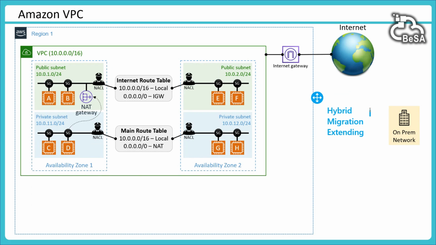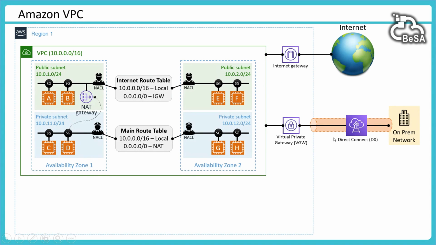Let's see how it is implemented. Whenever you want to implement hybrid connectivity, you would need a gateway. We have talked about a few gateways by now. The internet gateway allows you to connect to the internet. The NAT gateway allows you to communicate from a private network to an external network. Similarly, when I plan to talk to my on-premises network, I would need a gateway, and that gateway is called the virtual private gateway, VGW.